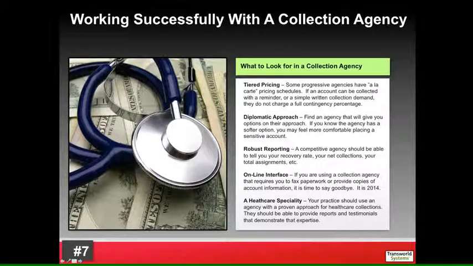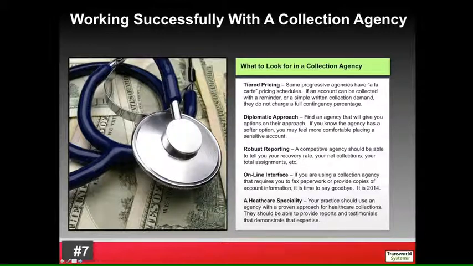Another thing to look for is a diplomatic approach. This is very important, but maybe not for the reasons you would think. We definitely want to be diplomatic with our patients, right? We want to make sure they know that we value the relationship. We certainly don't want to make them angry or sensitive to us. But the main reason for a diplomatic approach, really, is so you can place the account sooner, right? We know how much more collectible they are at 90 days, 120 days.